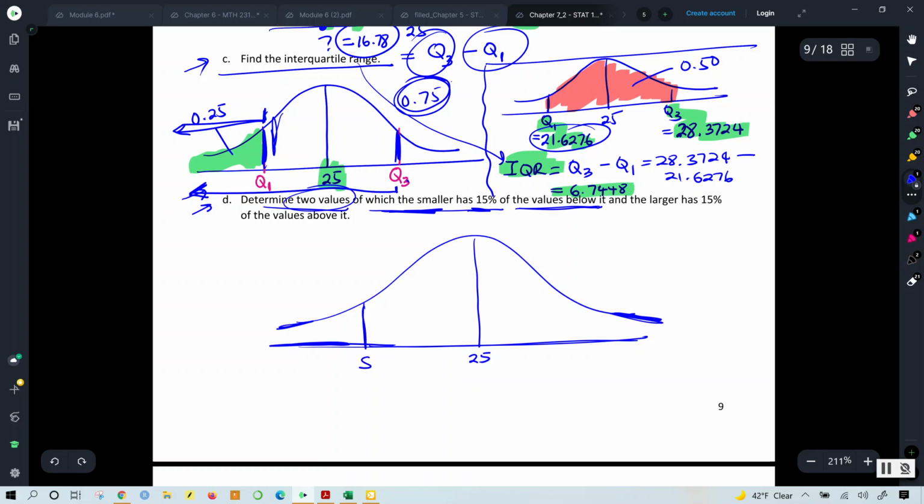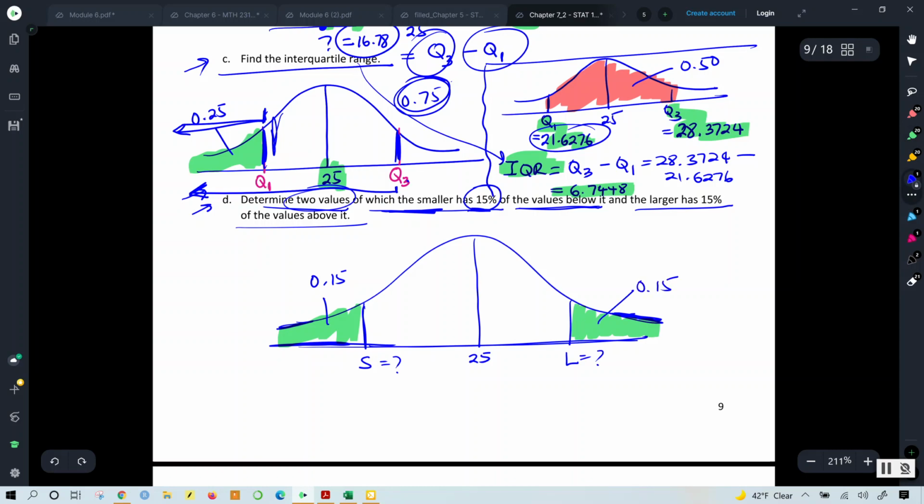So I'm going to call that S. And the percentage or the size of the area below it is 0.15 or 15%. And again, the larger has 15% of the values above it. So the larger one, which is also unknown at this time, also has another 15% above it.